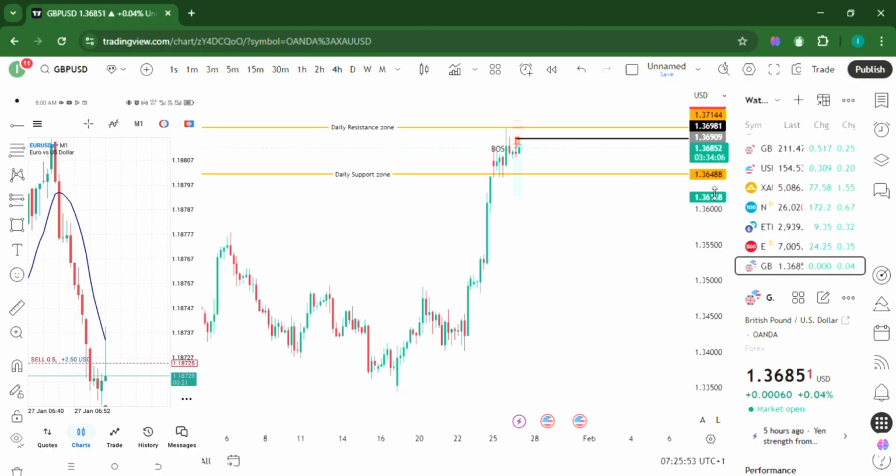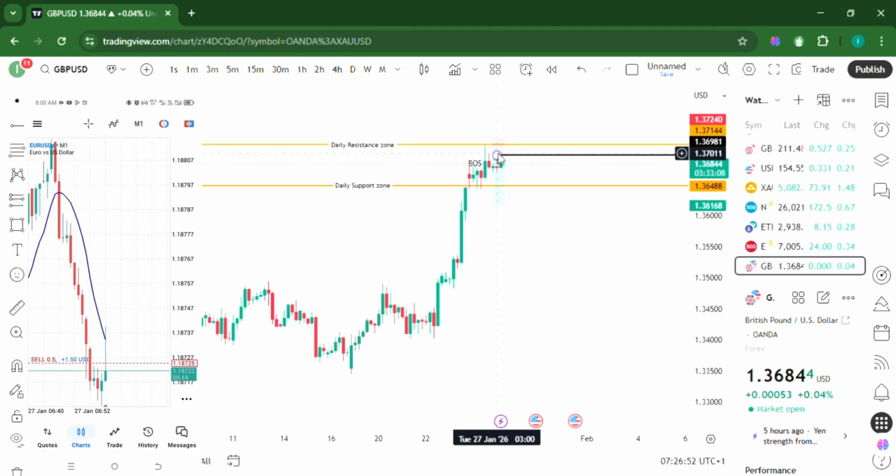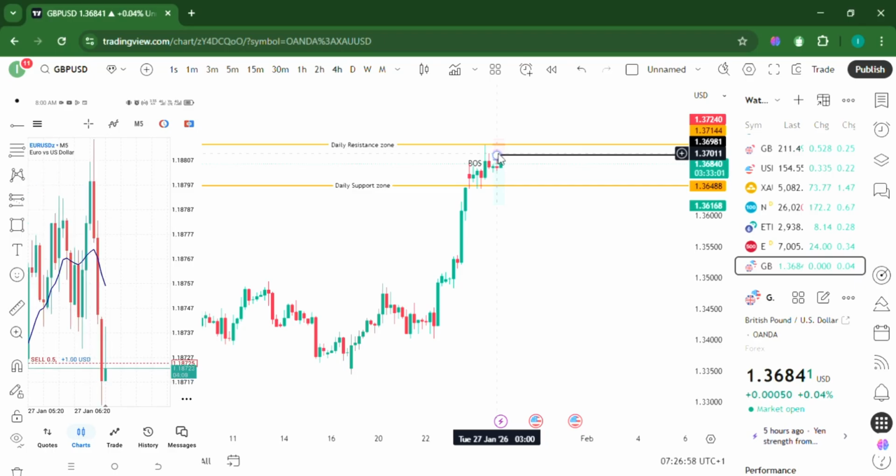These are the recent support and resistance, which are the previous day high and low. Now you can see the current price at around 1.37011 and it is showing signs of rejection, which means a potential short setup.